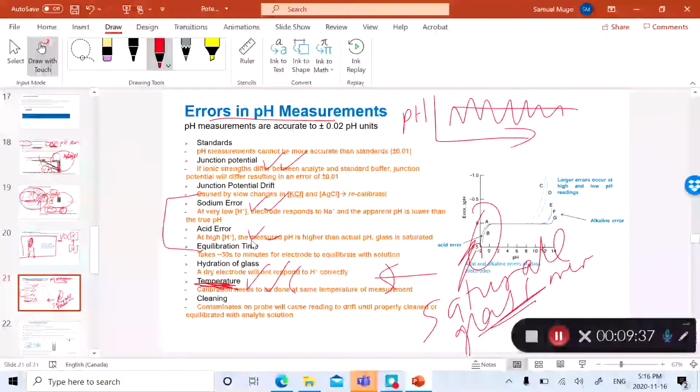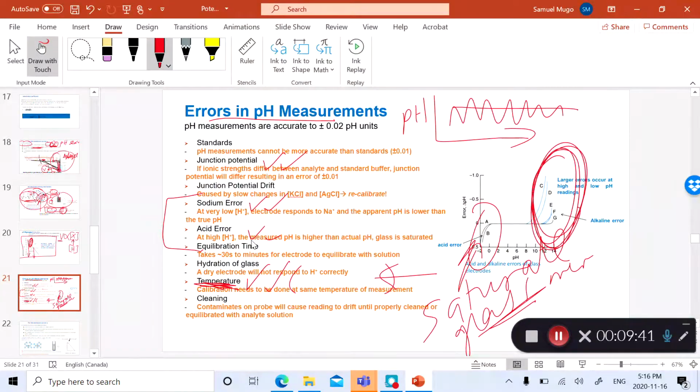On the other hand, at very high pH, you also have a high concentration of sodium ions. We've already said sodium ions tend to interfere in the detection of hydronium ions with a pH sensor. So in the very high pH regions, you tend to have a big error because of the sodium. So it's what is called the sodium error. Take note of that.